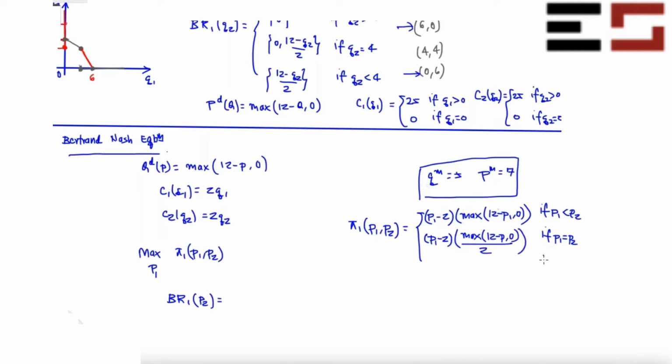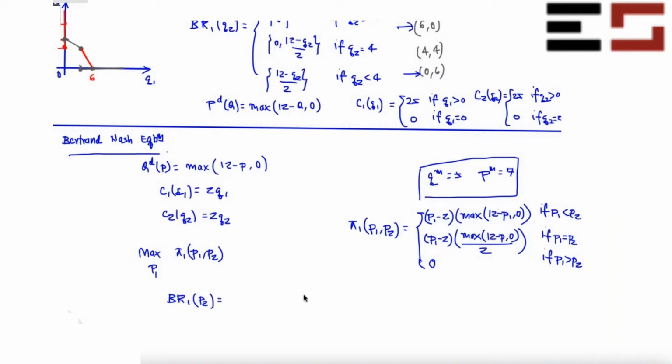If P1 is greater than P2, then you sell nothing, the cost of selling nothing is 0, and the revenue is also 0, so the profit is 0. Is that okay? Fine. We'll keep this in mind, and then we'll do this maximization.